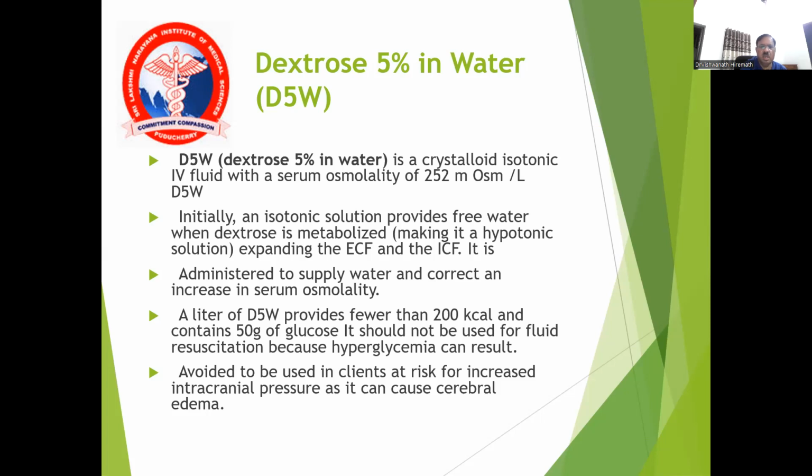Initially, it is an isotonic solution which can provide water and dextrose, but when dextrose is metabolized, the solution becomes hypotonic, which will expand the extracellular fluid and intracellular fluids.